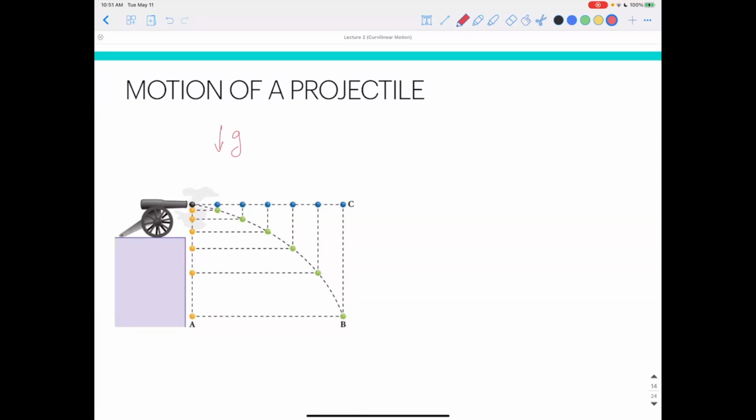So if we just show the green ball going to point B would be the actual path that the ball follows. And then each of those lines just represents a snapshot in time, and the intervals in time are equal. So let's just write delta t, delta t, delta t, delta t. So each of these times are equal.